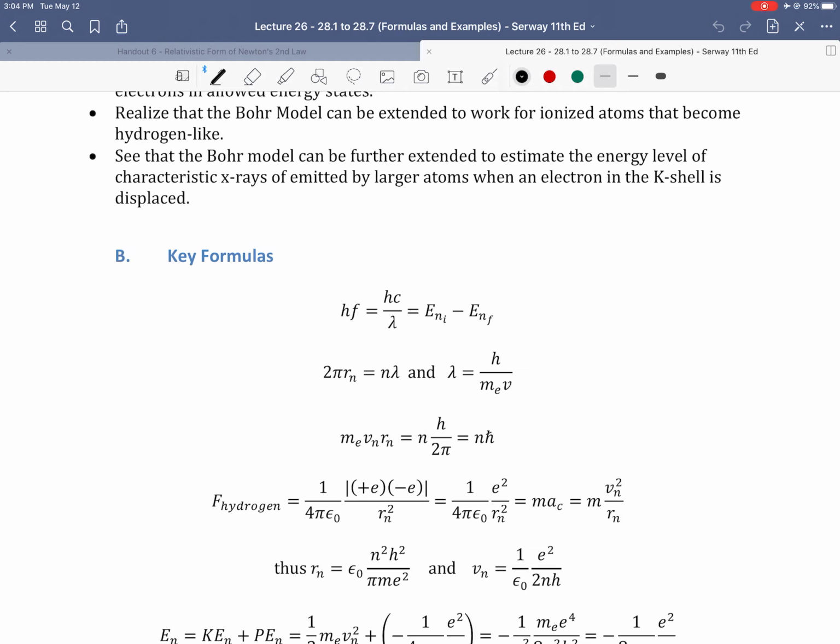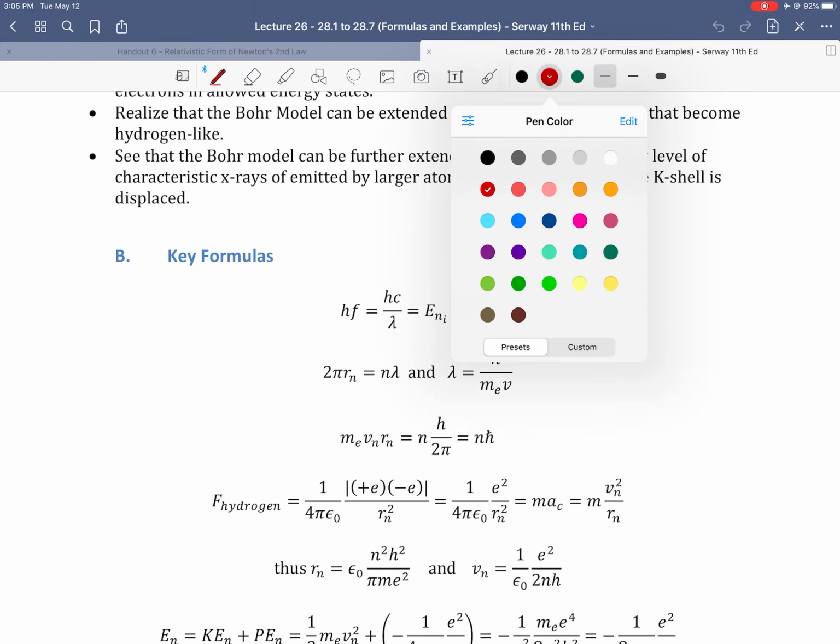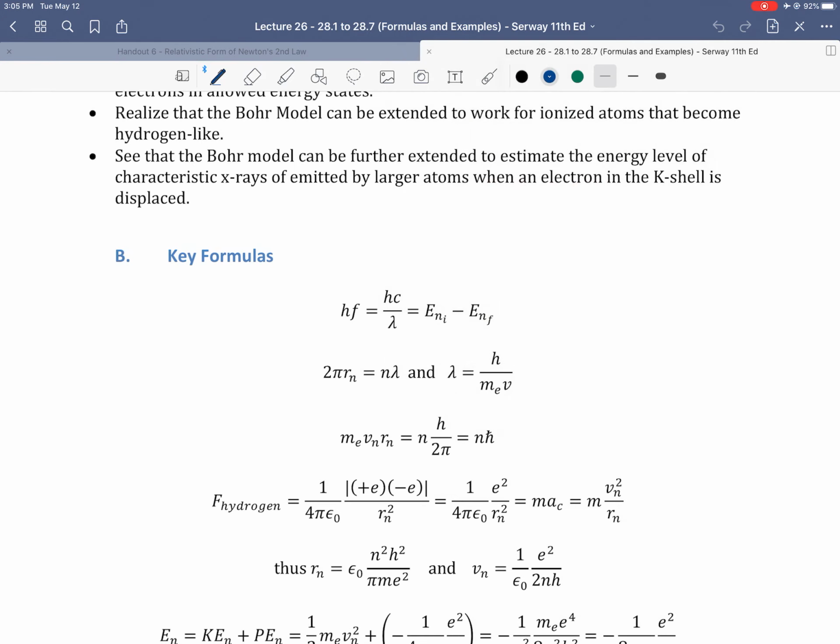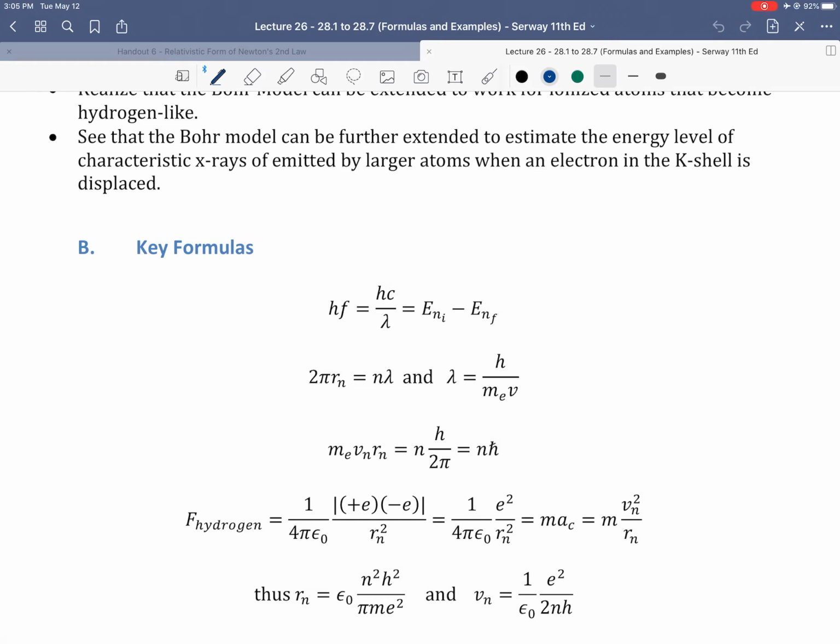Our first key formula is something we've seen before, and this has to do with the energy of a photon and how it relates to the energy levels of an atom. Let's label some things here.